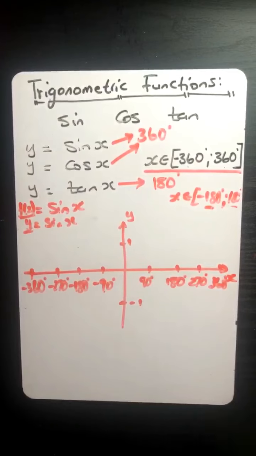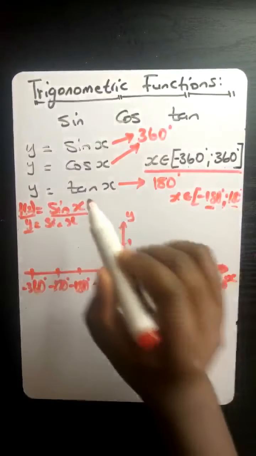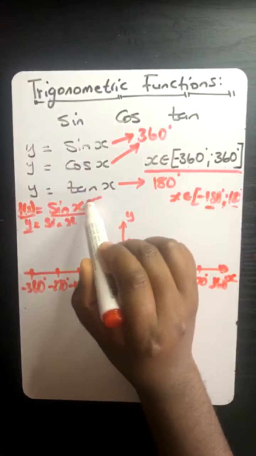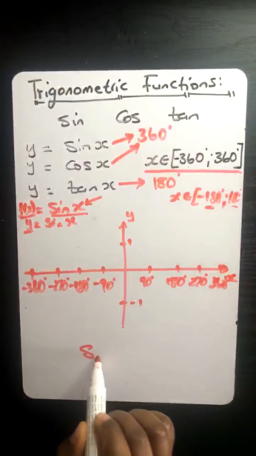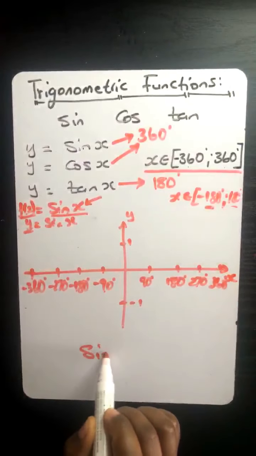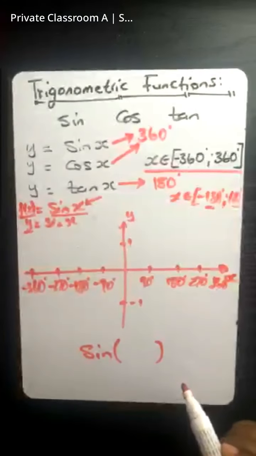Okay, this is what you do. We are sketching y equals sine x, so at x we are going to change the angles. On your calculator, Chumi, punch sine of, then we'll start with the first angle and I'll show you how to work it out.